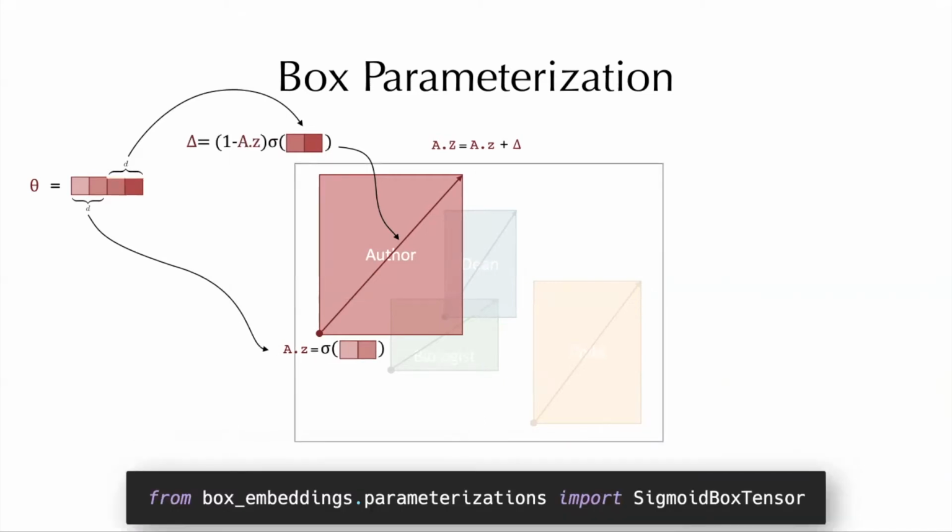It is also often desirable to consider boxes constrained to a bounded region, such as the unit hypercube, as it allows us to interpret their volumes probabilistically. We can accomplish this using the sigmoid function.